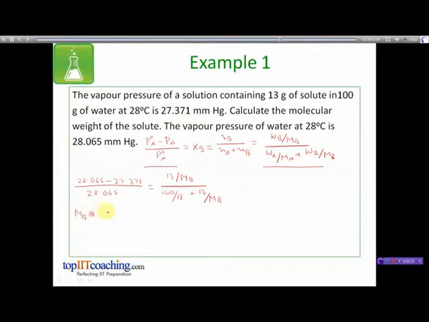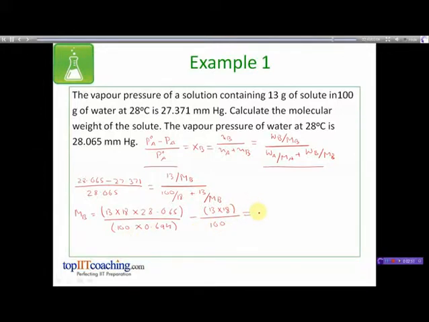On rearranging the equation, we can write that Mb is equal to 13 into 18 into 28.065 upon 100 into 0.694 minus 13 into 18 whole upon 100.